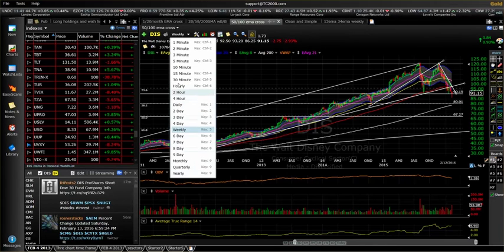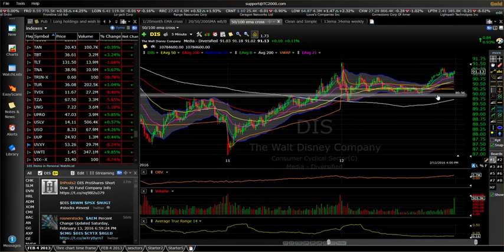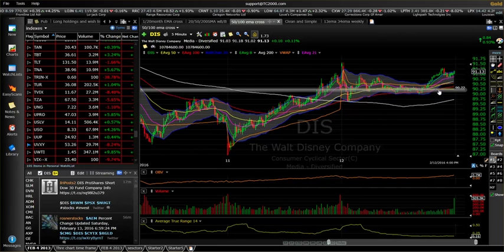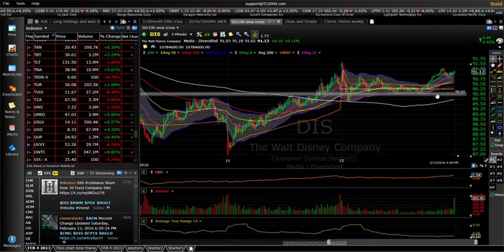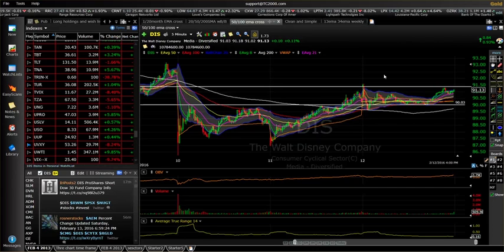Let's go to a 5-minute time frame. And what we know is that we have support from the daily at 90 bucks. That is a pretty significant area of support.